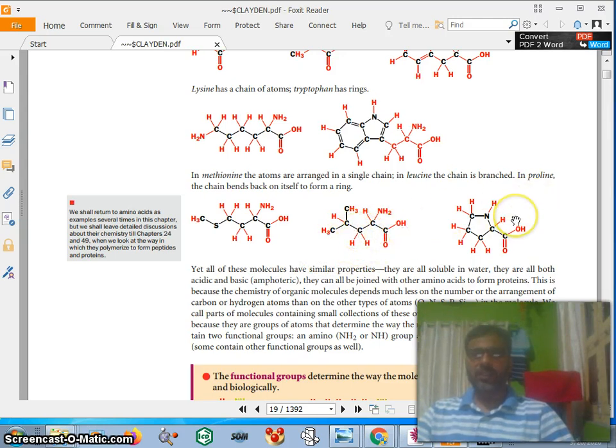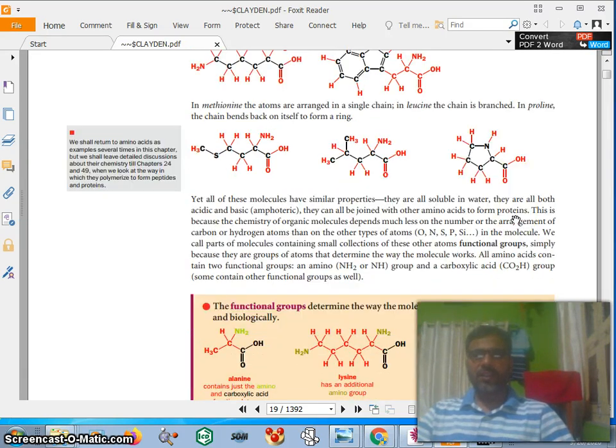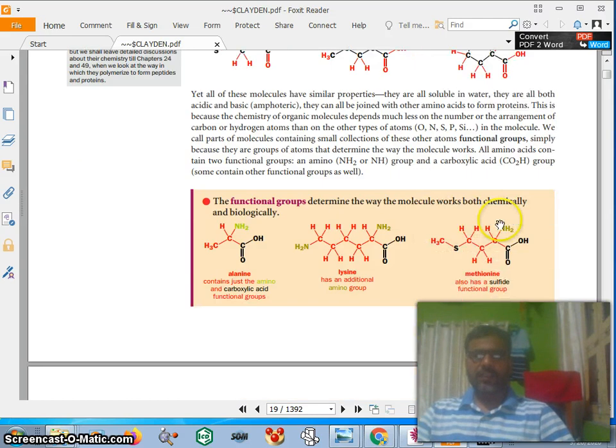These are the arrangements. So, friends, the functional groups determine the way the molecules work both chemically and biologically. So you have this alanine with functional groups COOH and NH2. Lysine has additional amino groups NH2, NH2 and carboxylic acid functional groups. And methionine also has a sulfide functional group.